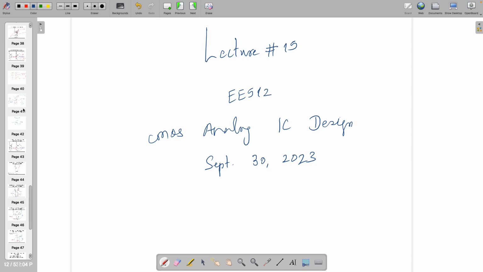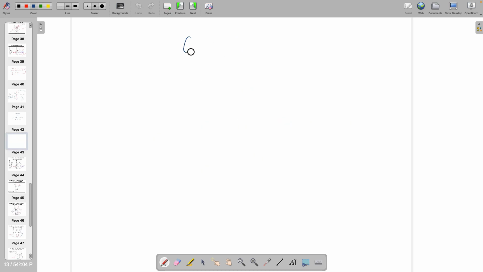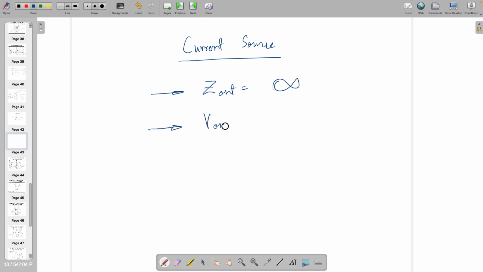Okay, so we are talking about the current mirror or the current source, where our two agendas are there. Z out has to be as large as infinity, and V out has to be as minimum as 0, or you can call this V min also.